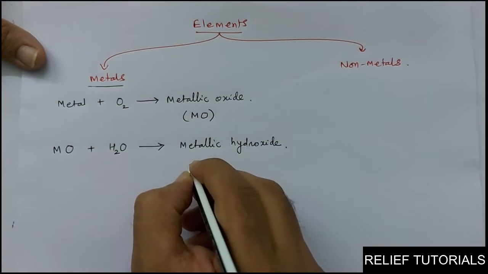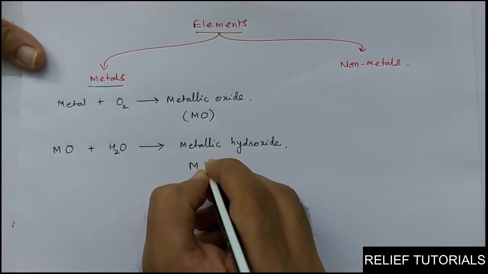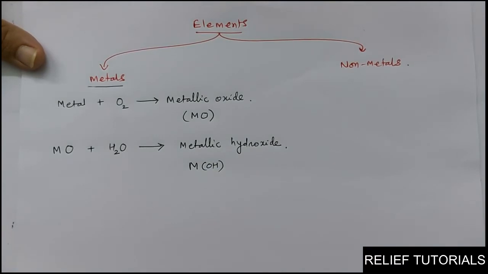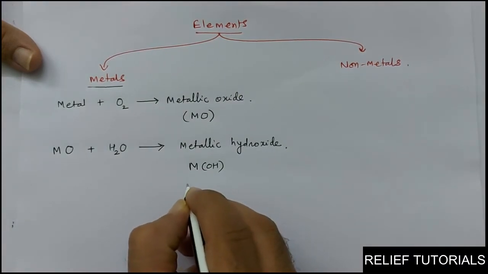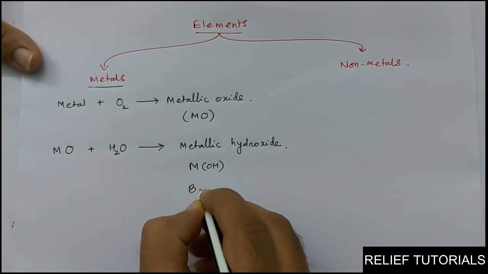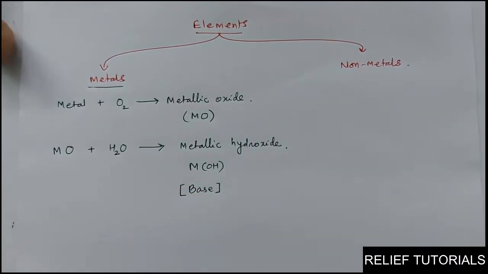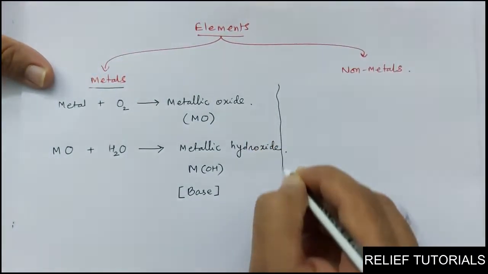Metallic hydroxide is symbolized by M(OH), with OH in brackets because it's a combined group of ions, the hydroxide ion. Now this metallic hydroxide is called a base. So this way the bases are formed.